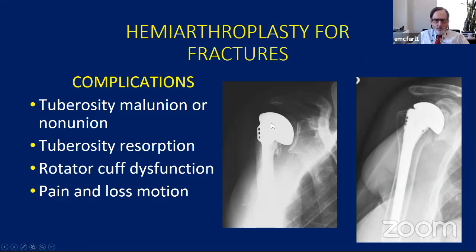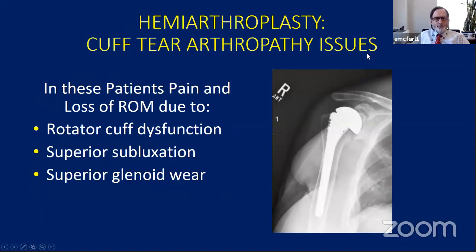It's not really clear why that happens, but it does happen in a fairly large percentage. And even if they do have the tuberosity attached, the rotator cuff doesn't seem to work. So they can also get superior wear of the glenoid like seen here, and over time that can be a problem. This results in pain and loss of motion. And so hemiarthroplasty sometimes for fractures is just not as successful or predictable as we would like.